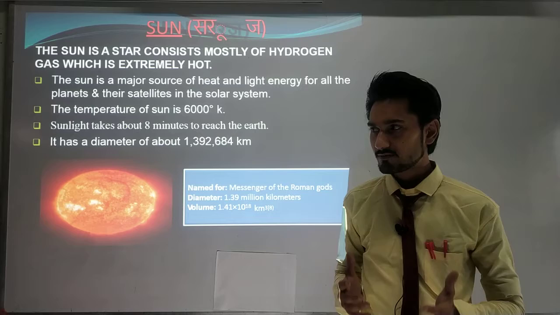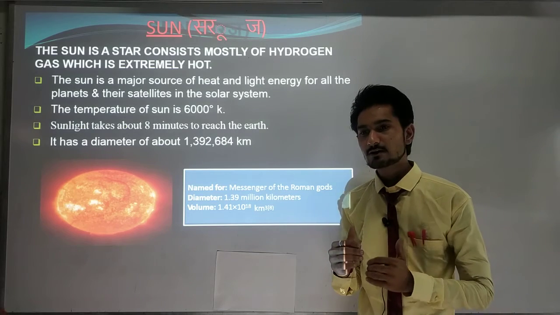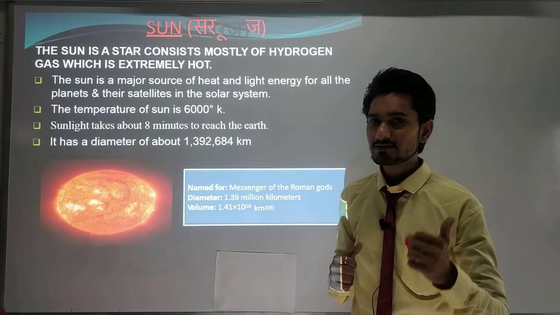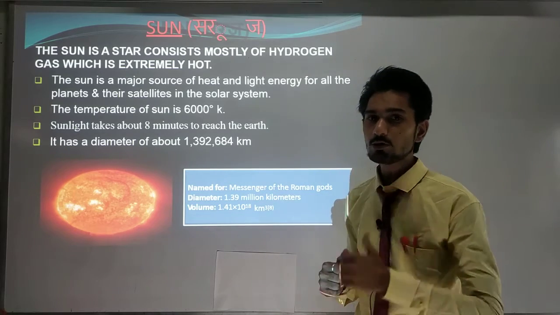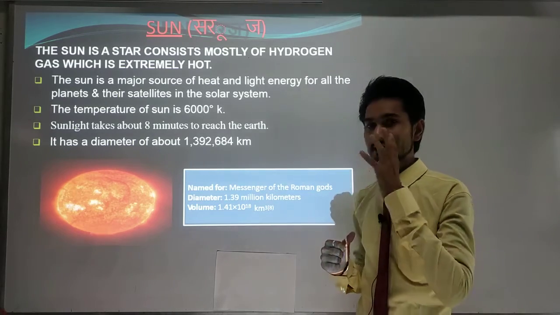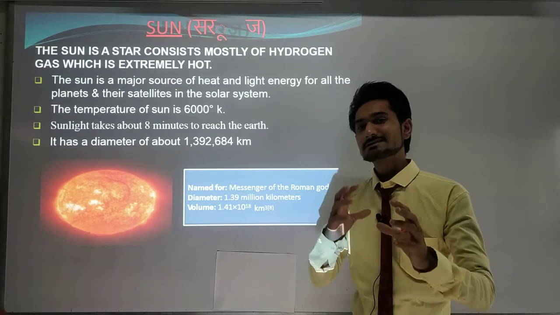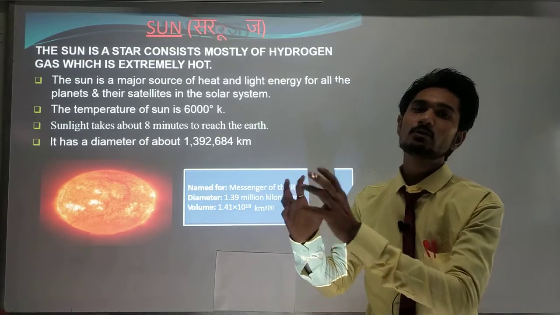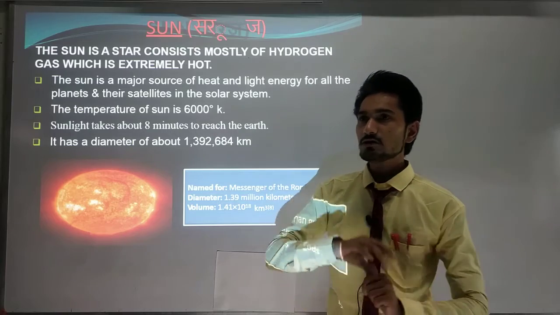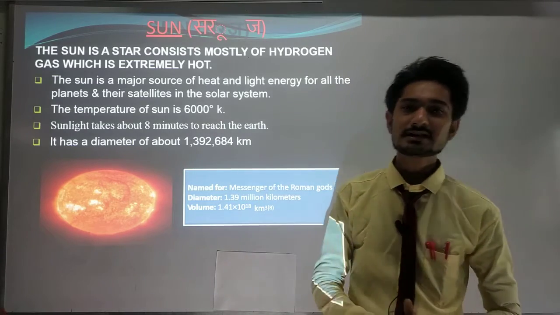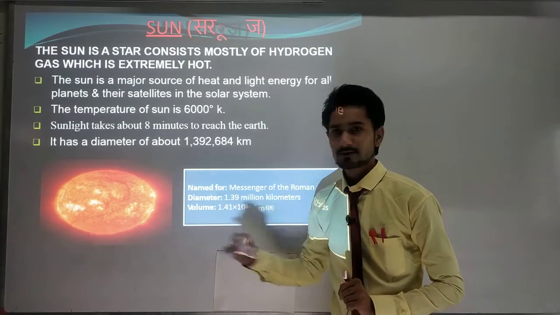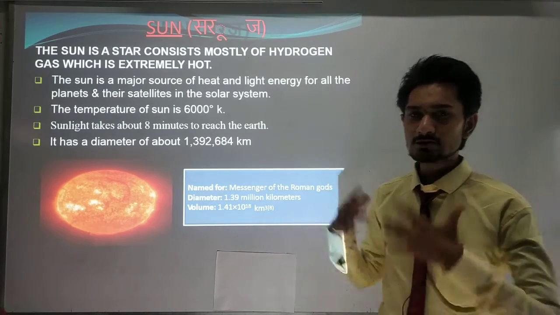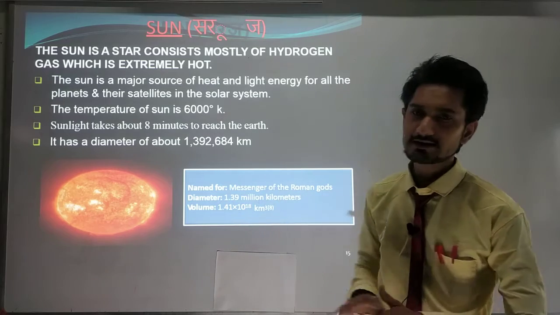Like we are born, we become adult, we get old, and then we die. Like that, stars are also born, become adult, mature, then get old, and then die. Our sun is at the adult or maturation point. So in billions of years, it will also die.